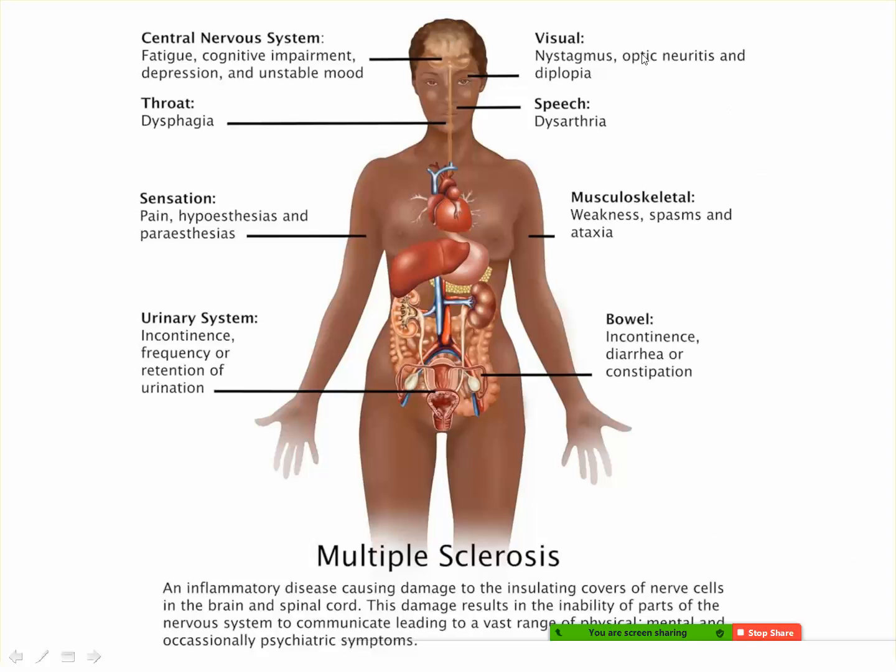Then this image summarizes the manifestations of MS throughout the whole body: the CNS, the throat, the sensations, the urinary system, the bowel, musculoskeletal, the speech, and the vision.